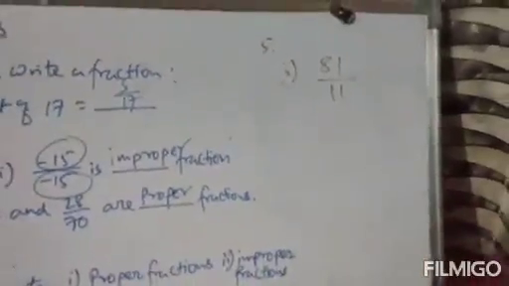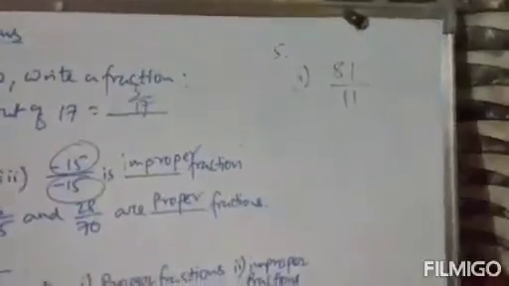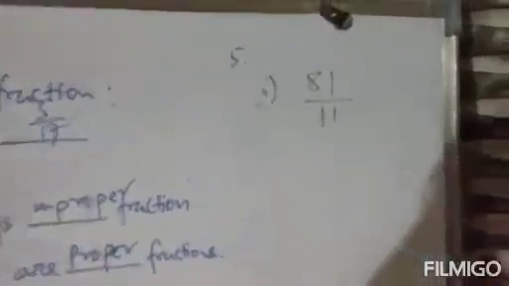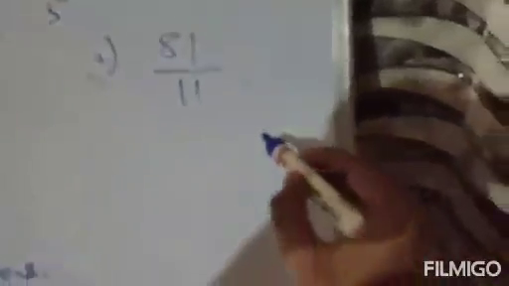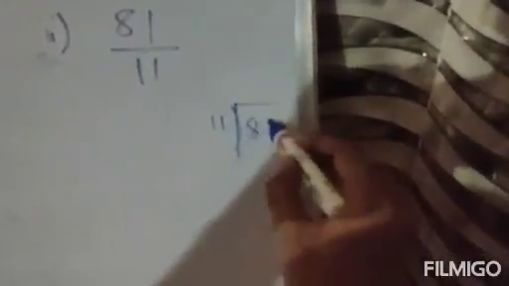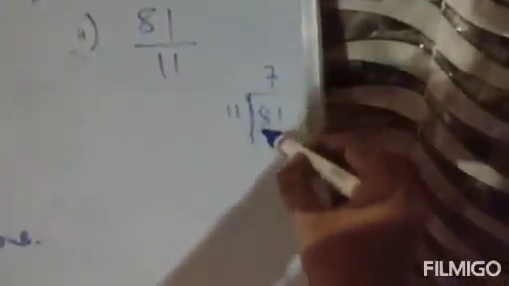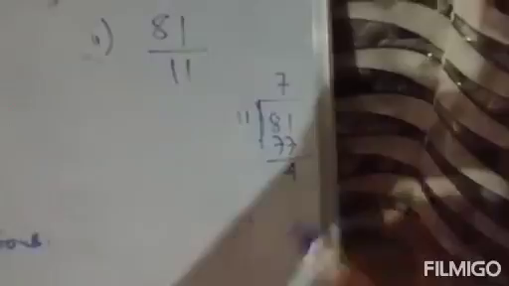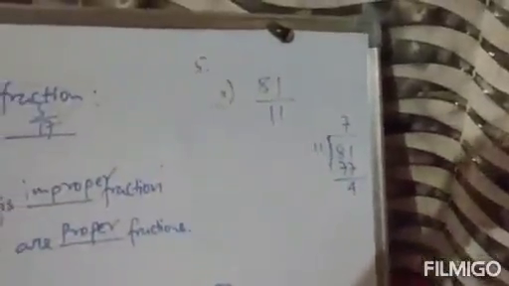Now it is an improper fraction and we have to convert it to a mixed fraction. So the process is, first we will divide. Just divide 81 by 11 in your rough space. 11 sevens are 77. The remainder is 4.